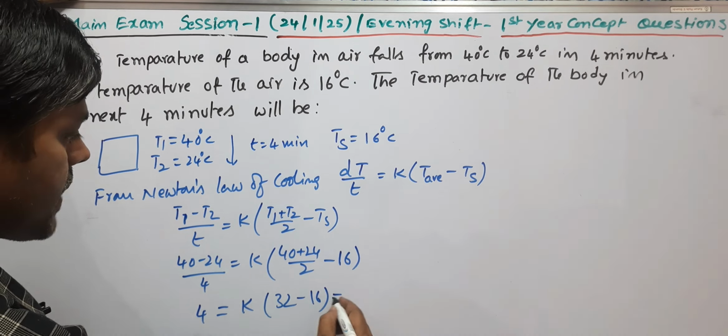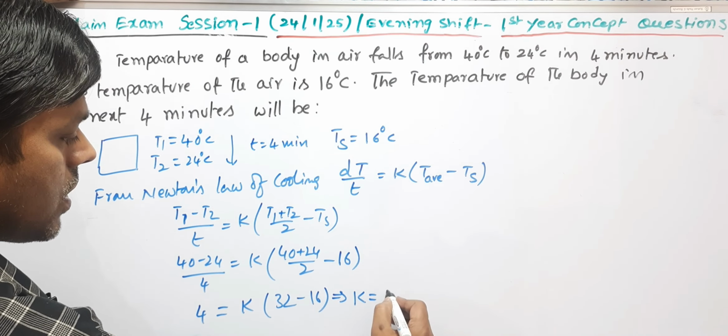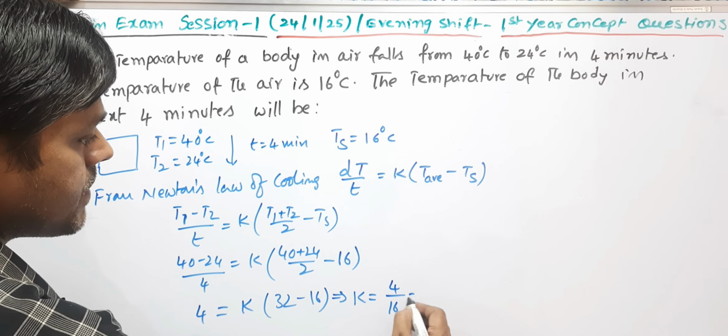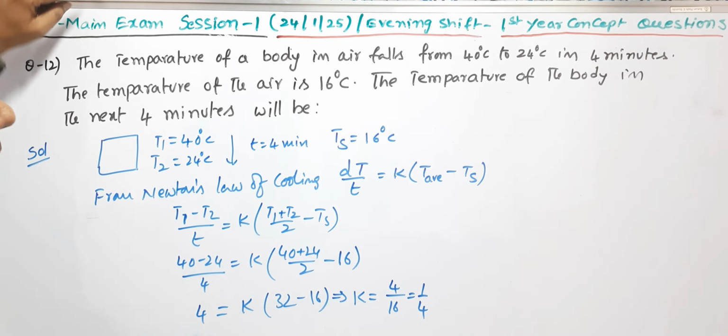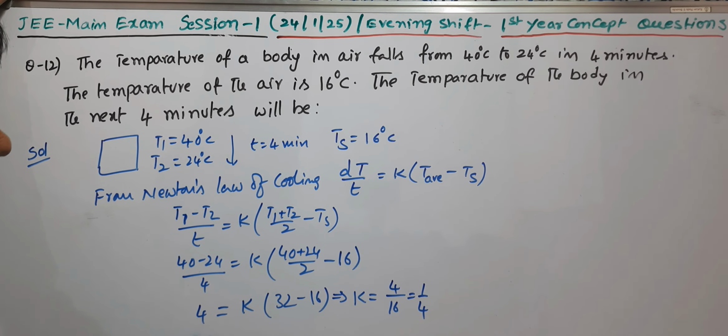That implies K is equal to 4 by 16, that is 1 by 4.